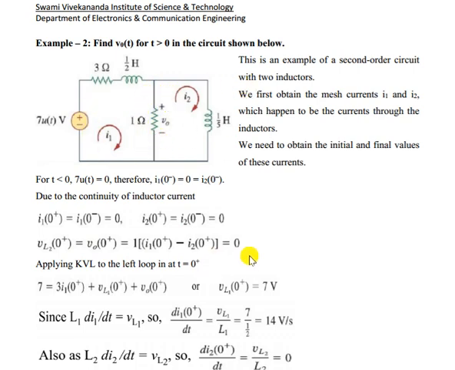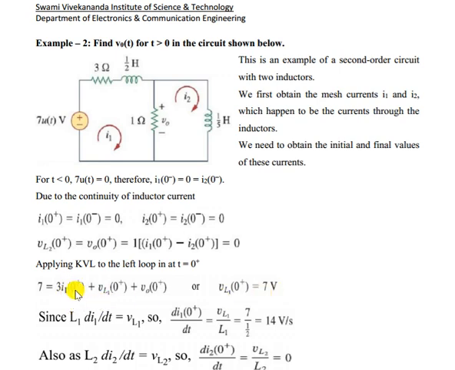Now if we apply KVL across this loop at t equal to 0 plus, that means when this voltage source comes into the picture, what can we write? 7 volt equals 3 I1(0+) plus VL(0+) plus V0(0+). So VL(0+) equals nothing but 7 volt.